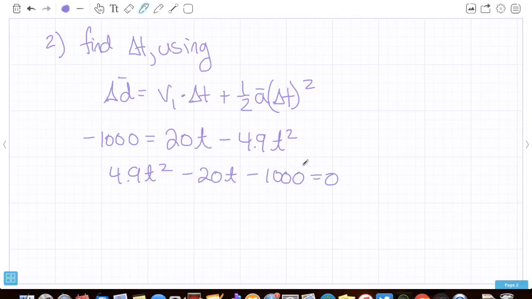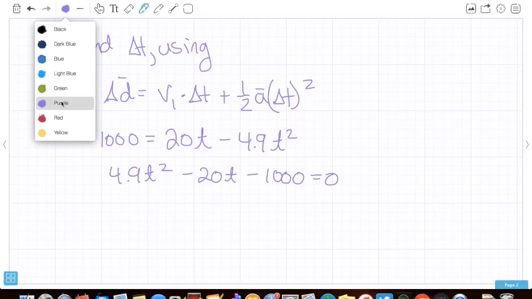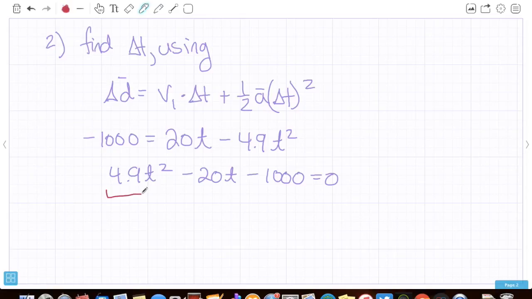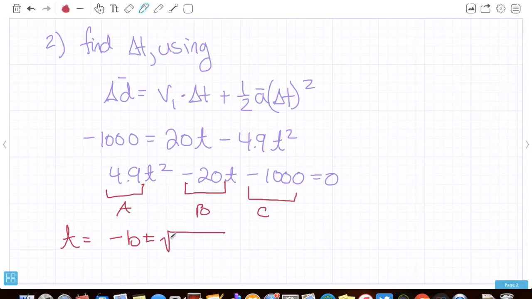So what I did is I just brought all of the things on the right side over to the left side. So this is A, that's B, and that's C. So the quadratic formula looks like this. T is equal to negative B plus or minus the square root of B squared minus 4AC over 2A.